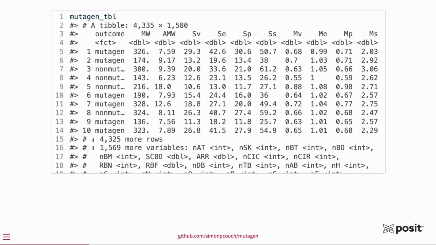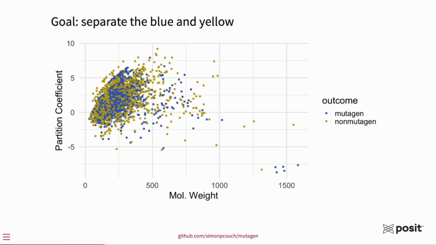And for each of those compounds as well, we have a whole lot of predictors giving us other information we can use to predict whether a drug is a mutagen or not. So you're probably thinking to yourself, if I have 1,500 little pieces of information about this drug, it surely must be pretty straightforward to predict that. It turns out it's not quite that simple.